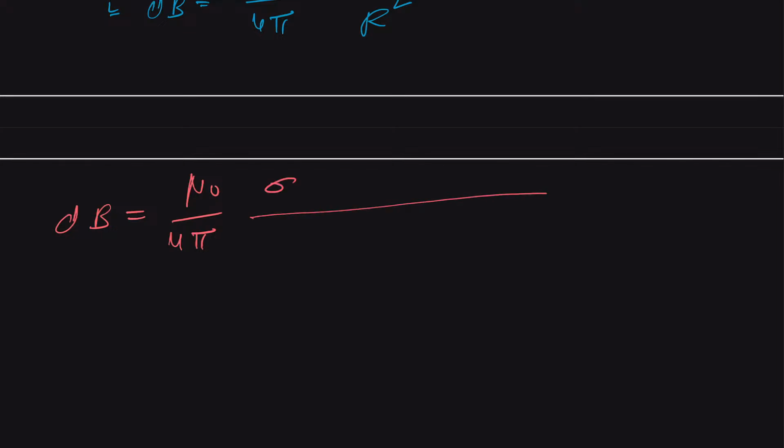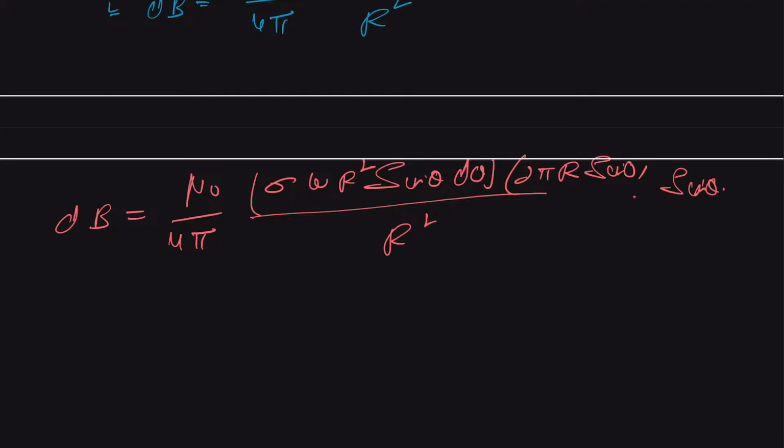This comes as charge density omega r square sine of theta d theta, and this comes as 2 pi r sine of theta and r square multiplied by sine of theta.